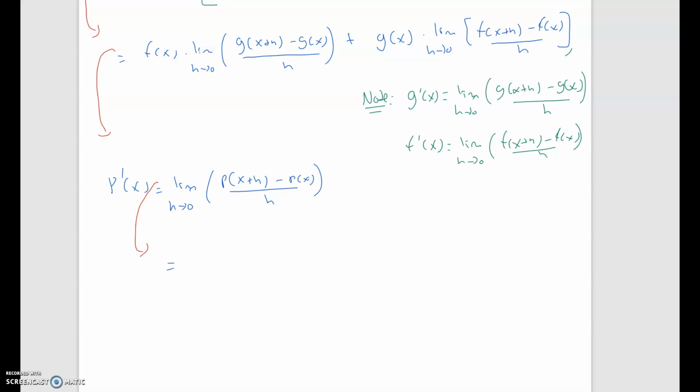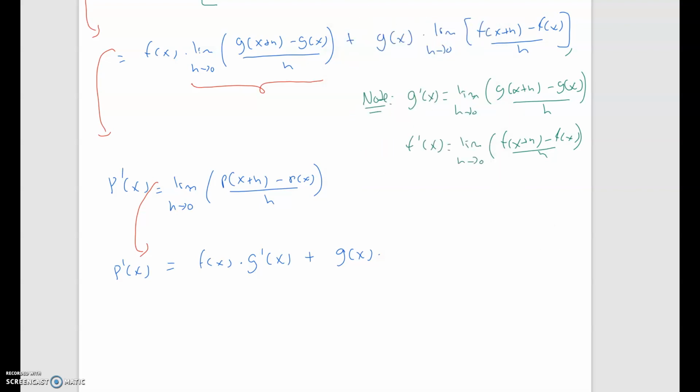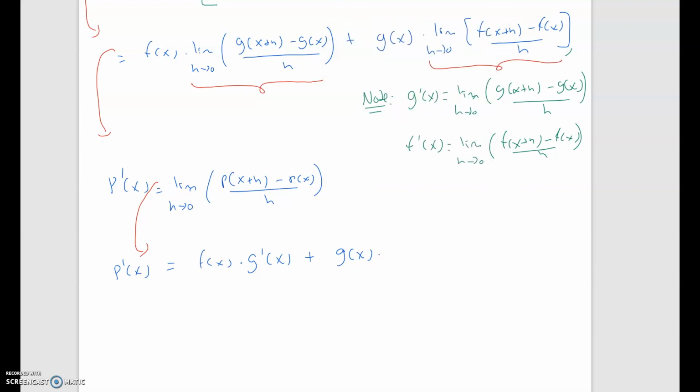So let me write p prime of x is equal to f of x times g prime of x plus g of x times f prime of x.